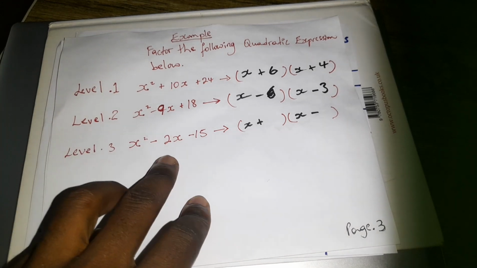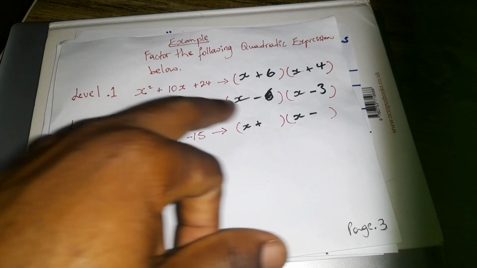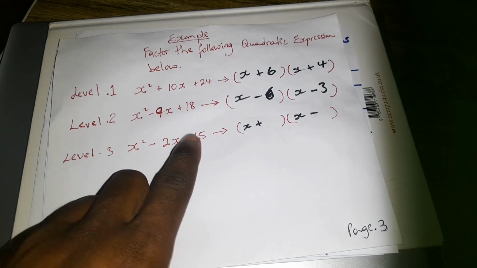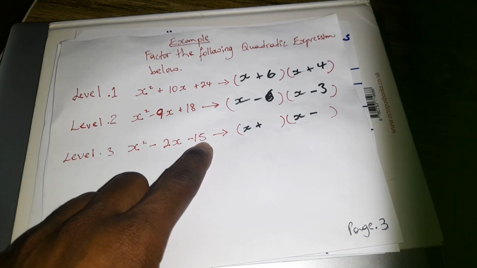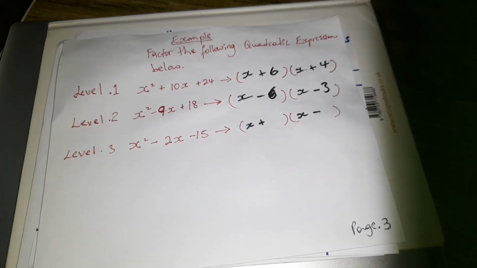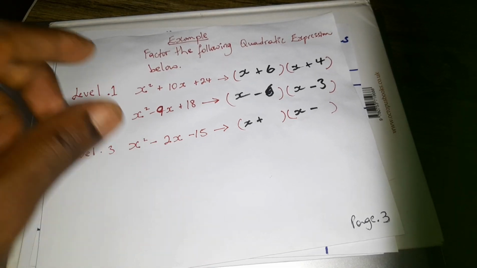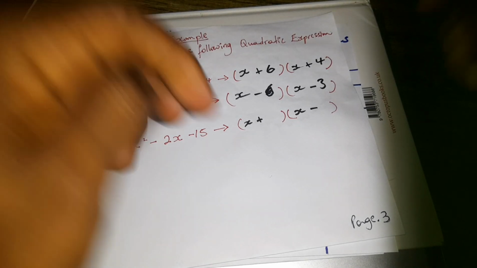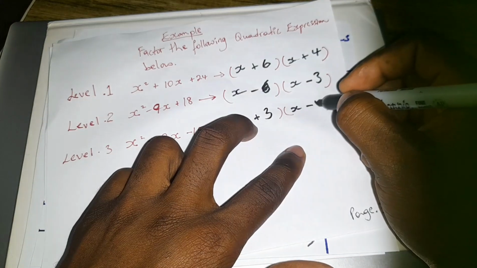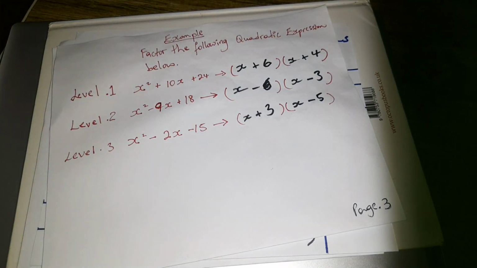Now, for C, notice for A, for level 1 and B, you add, right? For C, which two numbers do you multiply to get 15, but when you subtract the smaller number from the bigger number, you get 2? That would be what? 3 and 5. This is what is important now.